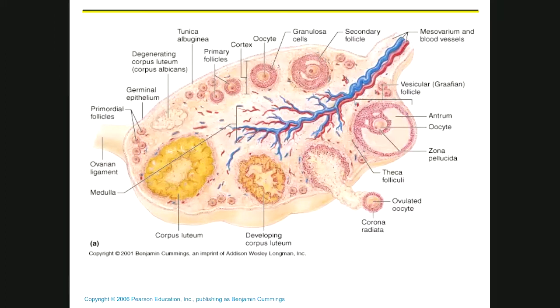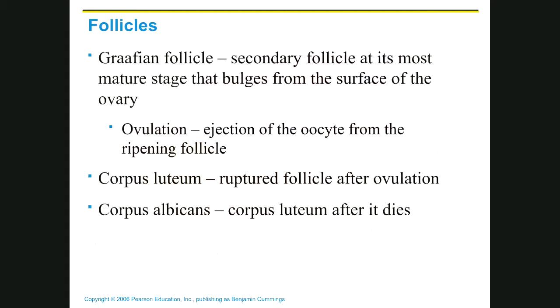So primordial, primary, secondary. It's going to get even bigger. And what's going to happen is these little spaces are all going to fuse to form one big space. And that's called a Graafian follicle. It's also just called a mature follicle.